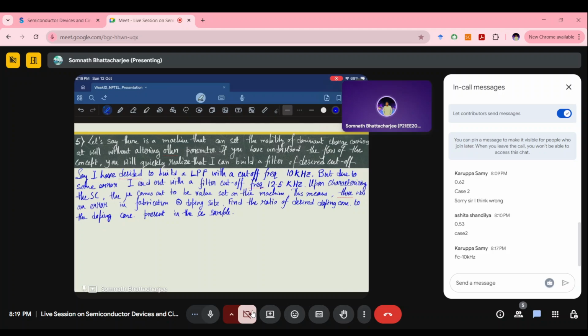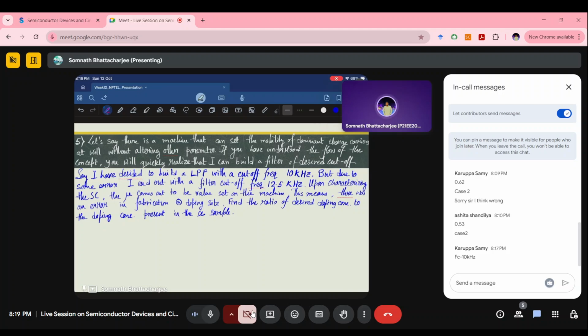Is the question clear? So we have a device which has a mobility that can be set on the machine itself. Now what they have done is that they have prepared a low pass filter, and it should have a cutoff frequency that was F1 in the question itself.